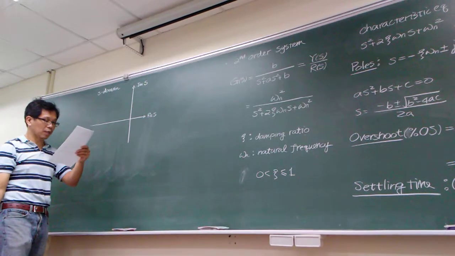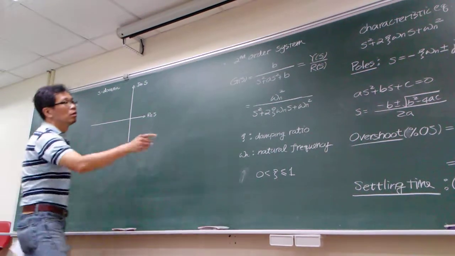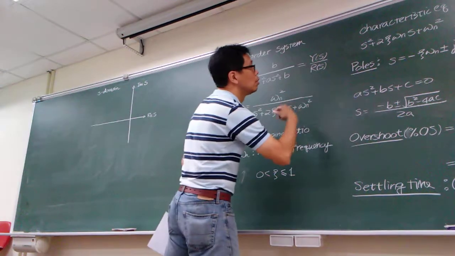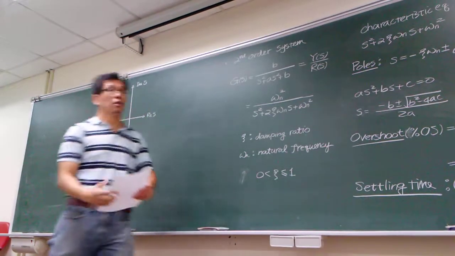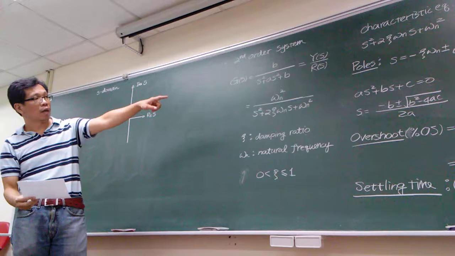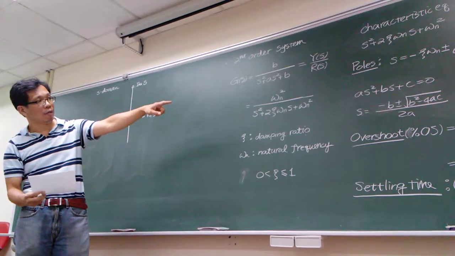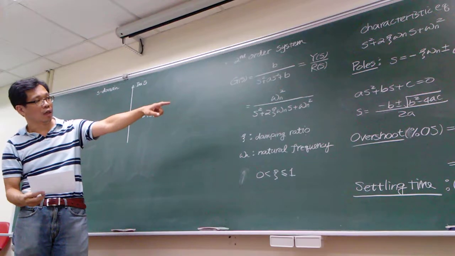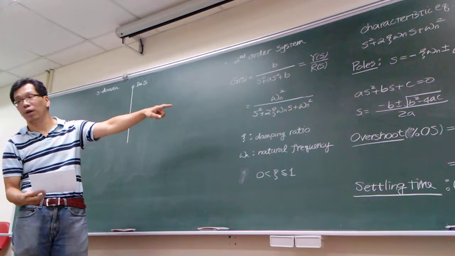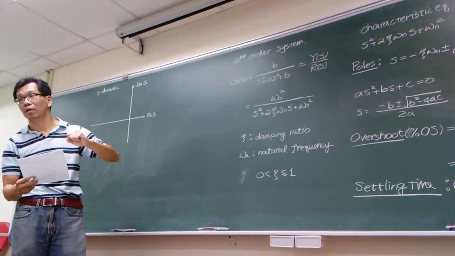When we are doing something like this, look at this one over here. My second order system has poles at negative zeta omega n plus or minus j square root of 1 minus zeta squared multiplied by omega n. Right?